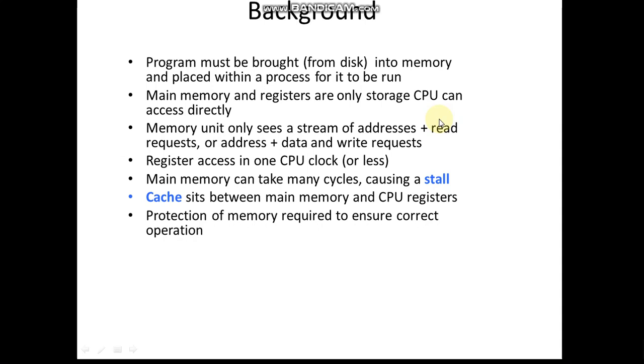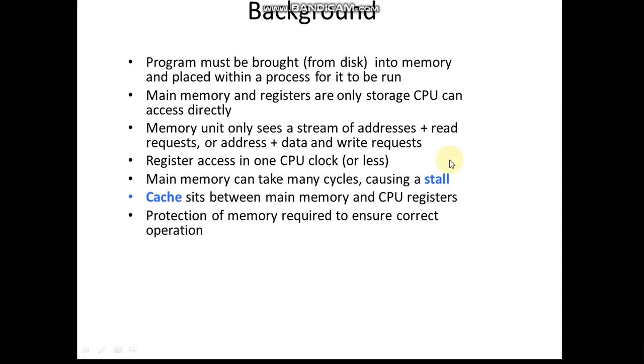It is not doing any processing; rather, it observes a stream of addresses, and it can do a read or write request accordingly. Registers are accessed by the CPU in one CPU clock or less. That is, they are faster to access than the main memory, whereas main memory can take many cycles, causing a stall, that is, a delay. So cache lies in between these two, main memory and the CPU registers.